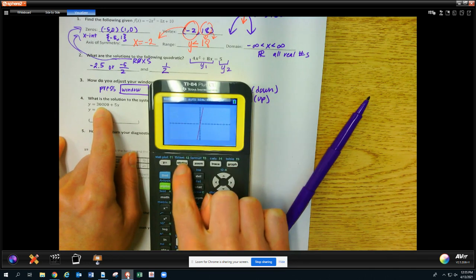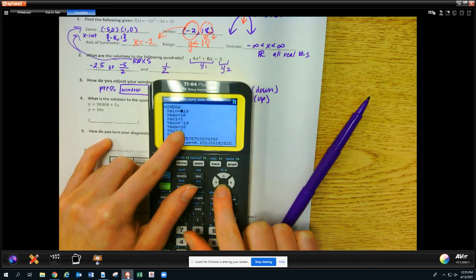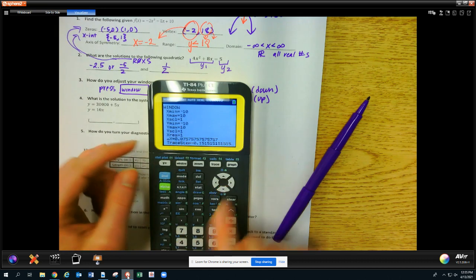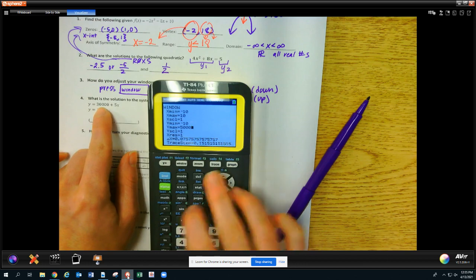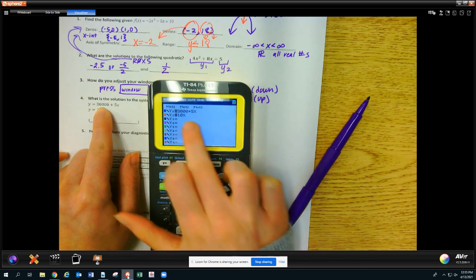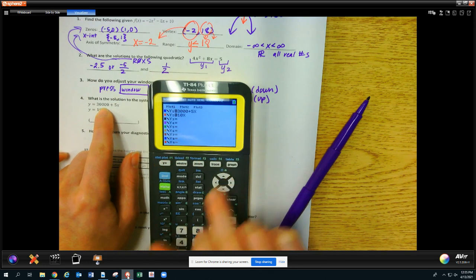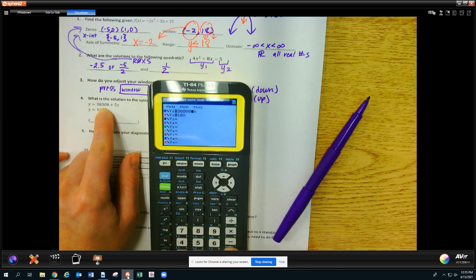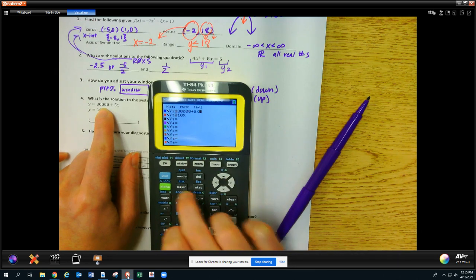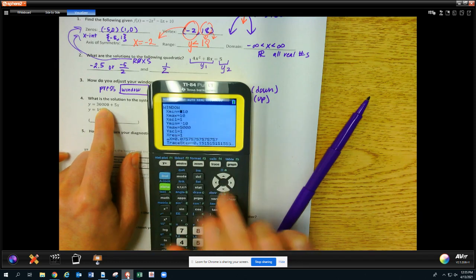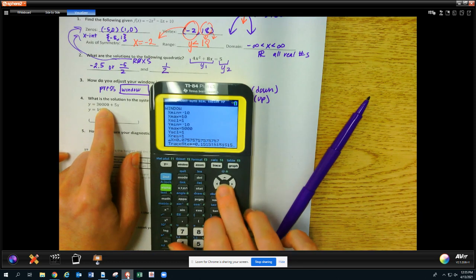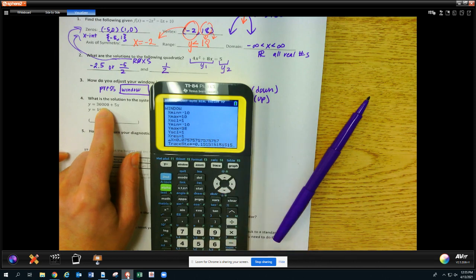And so this is when I would press window, and I would change the y max to maybe 5,000. Give yourself some breathing room. Actually, that's 30,000. So I'm missing a 0. Okay, and so when I adjust my window, I'm gonna need maybe, let's do 35,000.